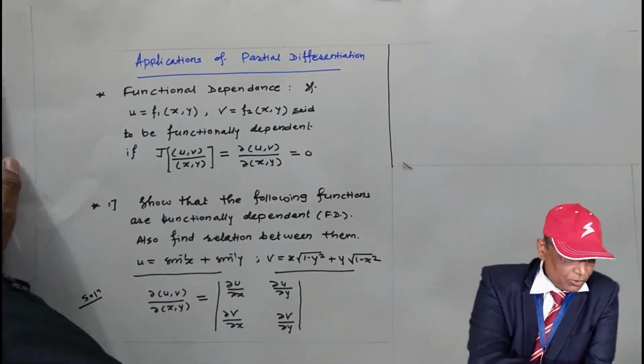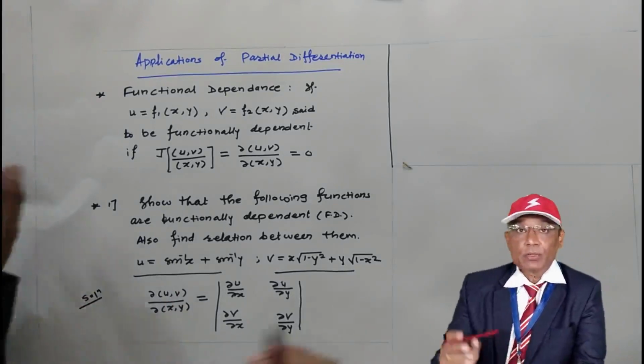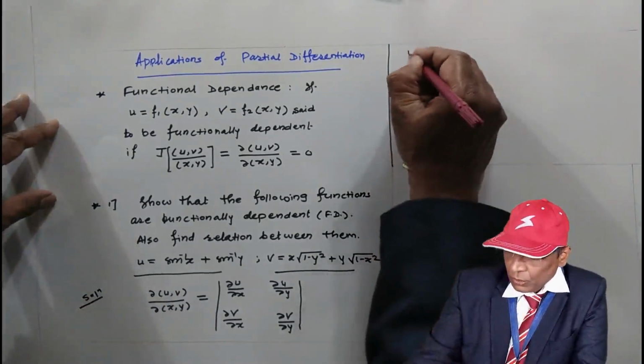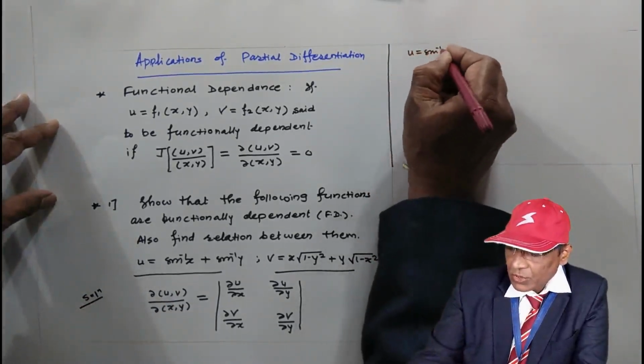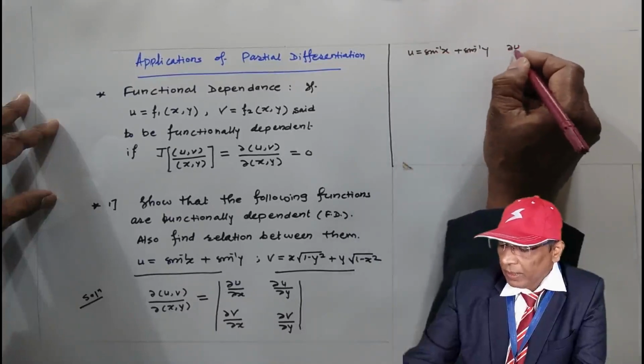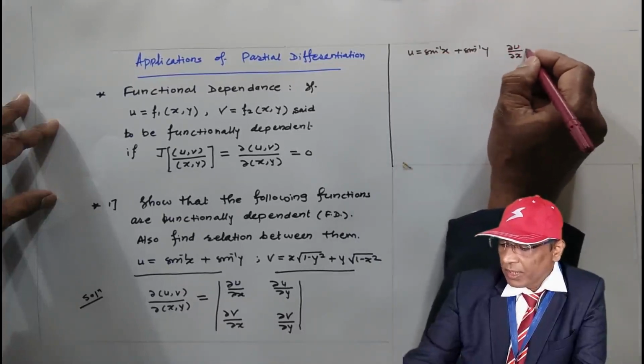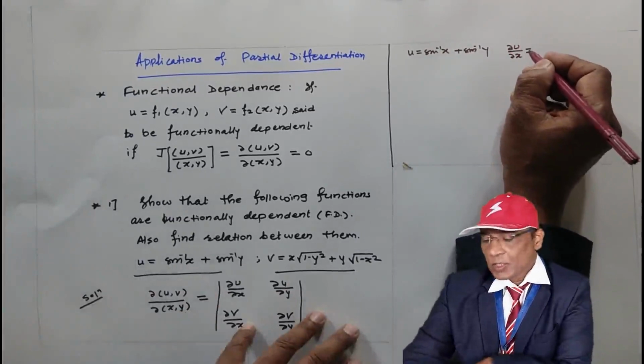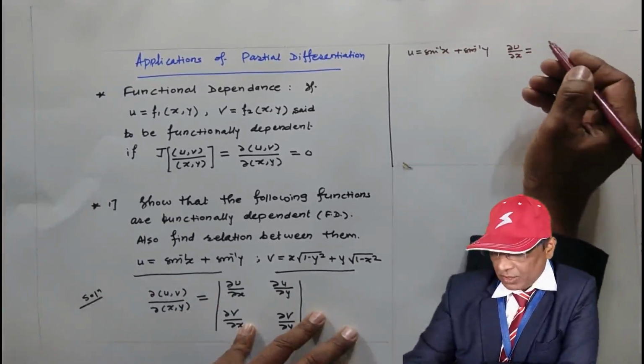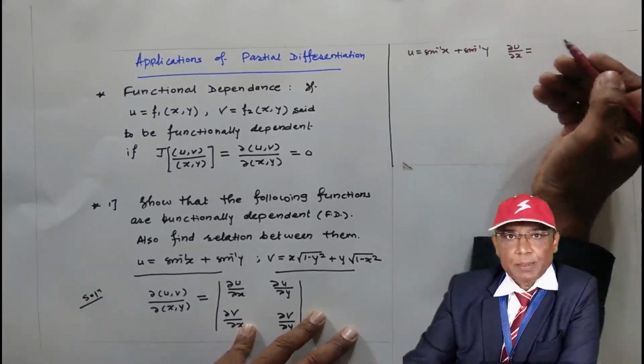Now I am going to find the partial derivatives separately. u is sin inverse x plus sin inverse y. So del u by del x means the partial derivative of u with respect to x keeping y constant. In partial derivatives we keep the other variable constant.